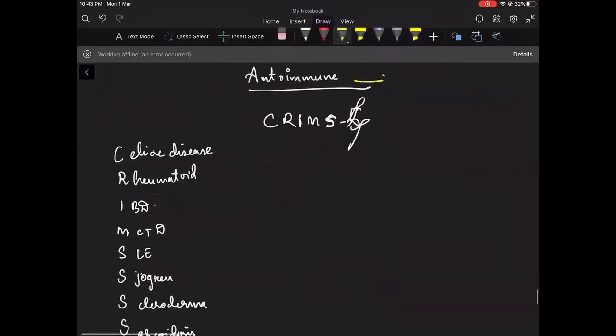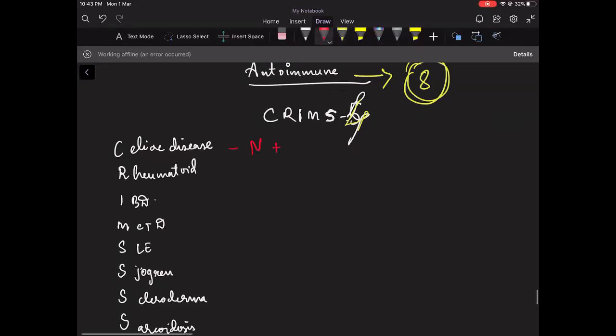Next, the other important causes, with the mnemonic CRIMS. In celiac disease, the patient usually presents with neuropathy, and along with that, predominantly the patient will have cerebellar ataxia. The cerebellar ataxia might be the initial presentation in 10% of celiac disease cases also.